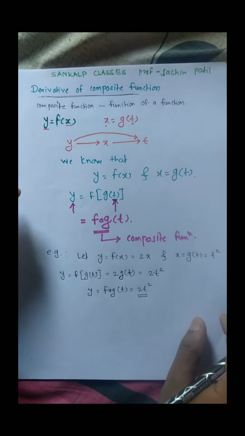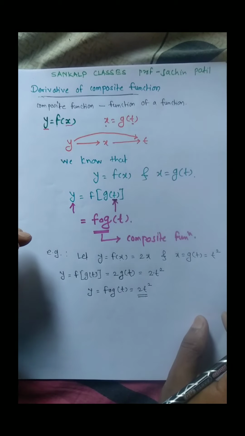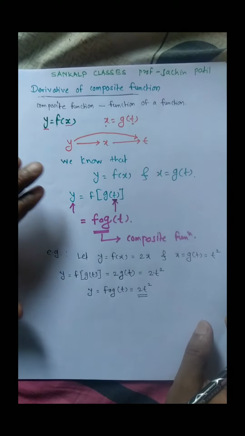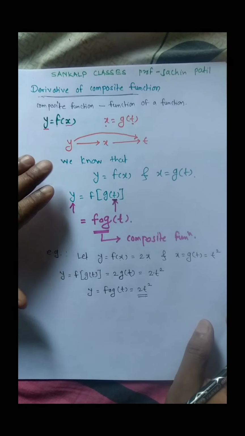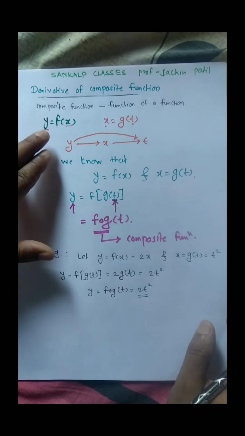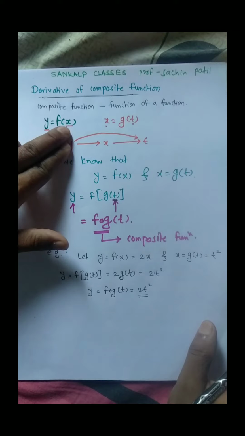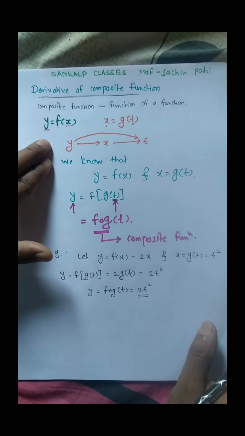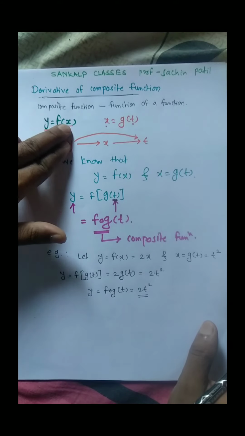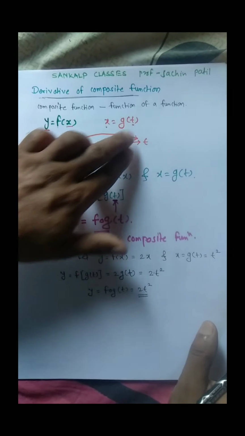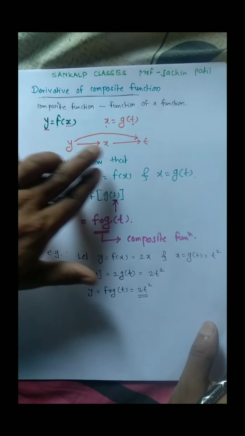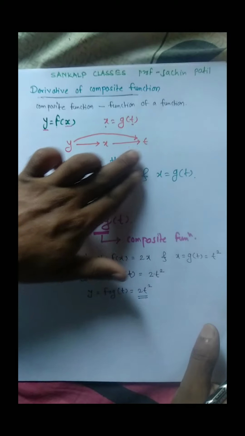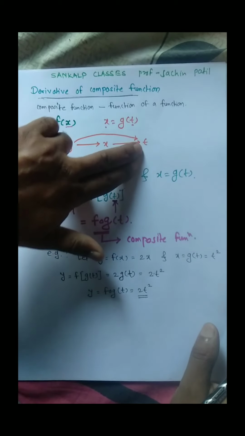Once again I repeat that a composite function is a function of a function. In one function, y is equal to f of x, x is an independent variable and y is a dependent variable. But once again this variable depends on another variable, so y is a function of x and x is a function of t, and therefore y is indirectly a function of t.